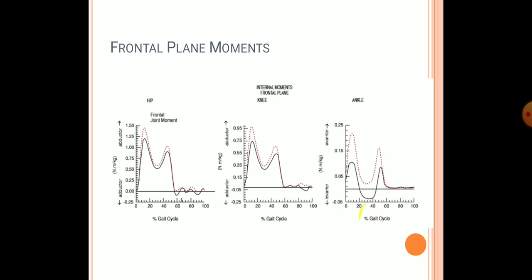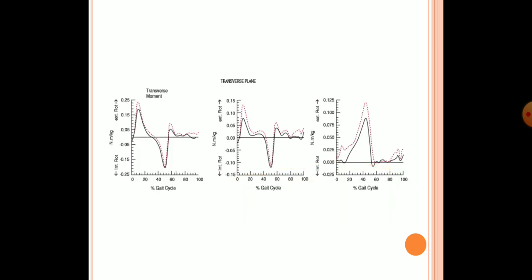It will peak by 40%, and by 60% it will again give an inverter moment, and then it comes back to almost neutral, or there is a little amount of inverter moment by the end of the gait cycle. So these are the moments which are happening in the frontal plane.